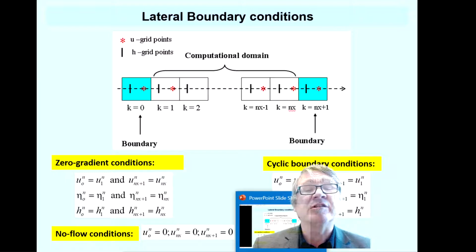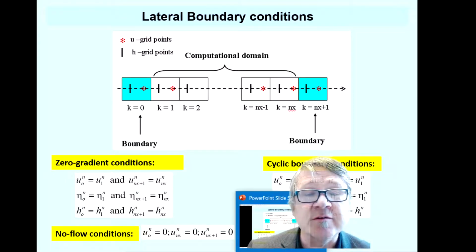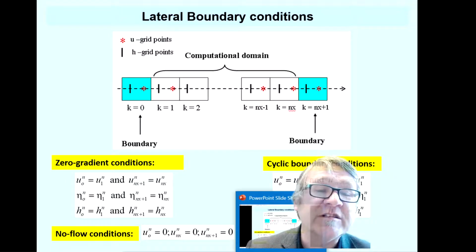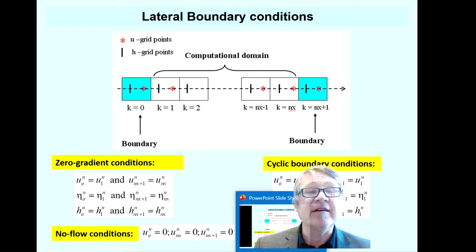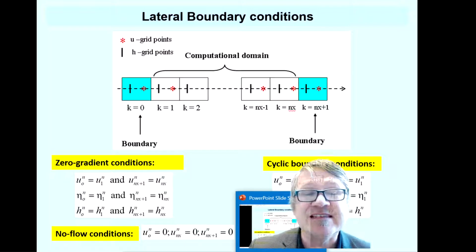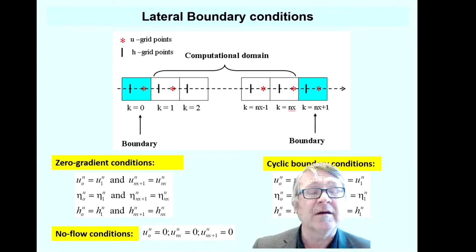So boundary conditions, for example, what you could do is you could assume closed boundaries, we call them. Closed boundaries is by setting the horizontal velocity to 0. These are called no-flow conditions. This is what you could use.